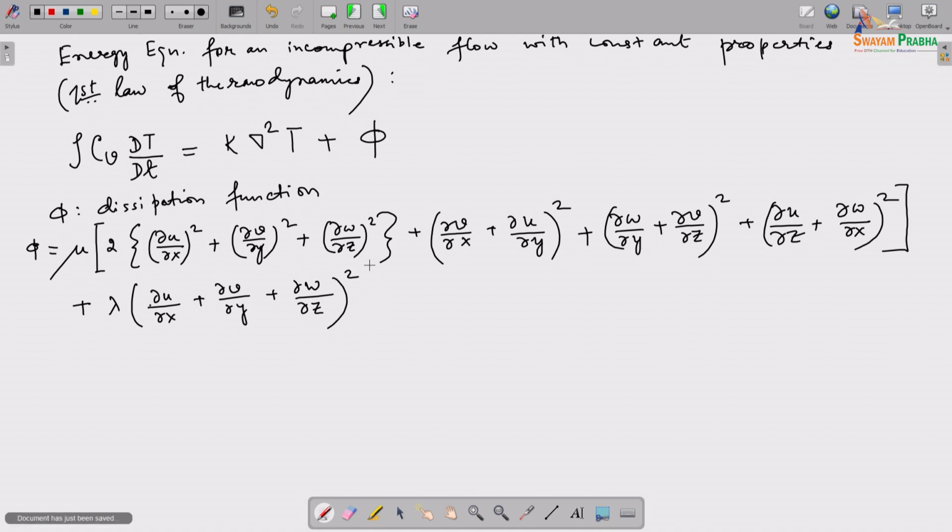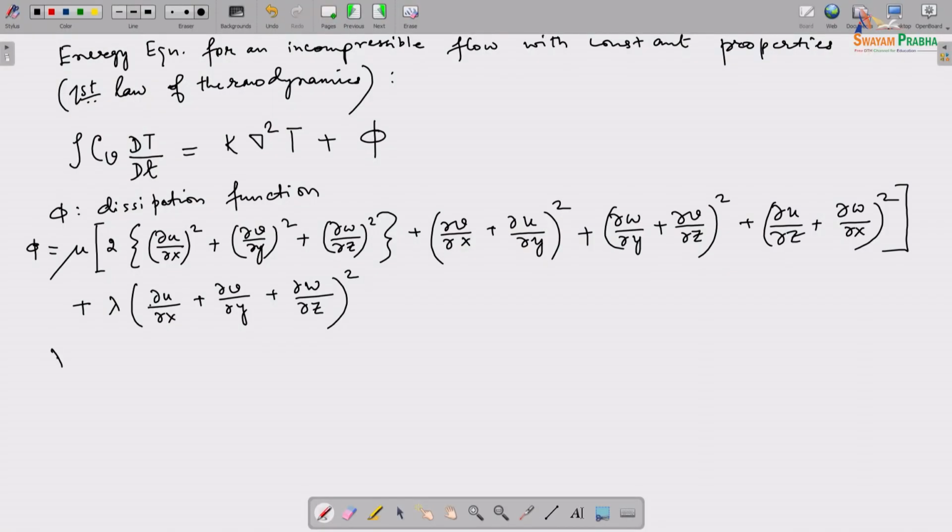That's quite a bit, right? But you can see what is going on here. We have all these constants that we are using here. So we have a dissipation function and the lambda, which is equal to, from Stokes' hypothesis.